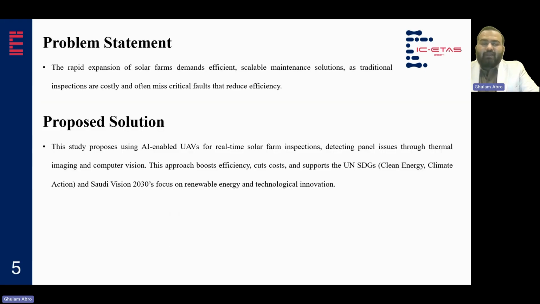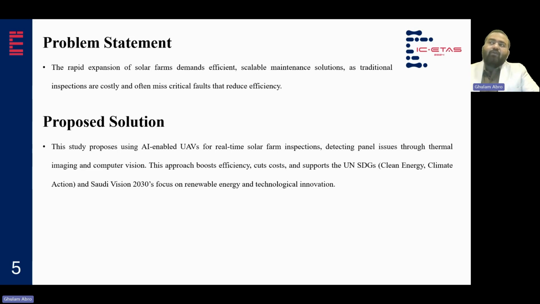So the problem was very clear. These techniques provide results with several efficiencies, like someone providing 95, someone providing 97, but they are limited to certain data sets and certain sorts of problems. There are several other problems which were not accommodated in these techniques.